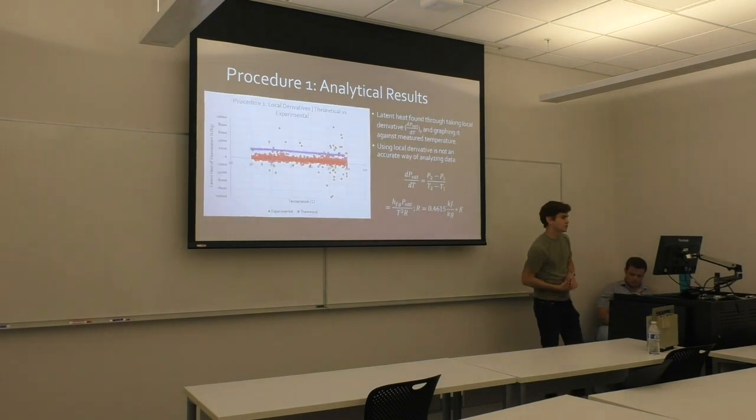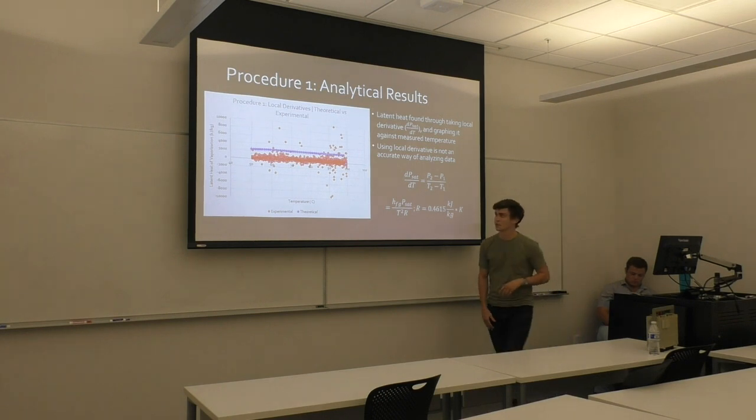For the main part of procedure 1, the latent heat, which is on the y-axis, was found by taking the local derivative and graphing it against the measured temperature. Using this local derivative is not the most accurate way of analyzing the data.